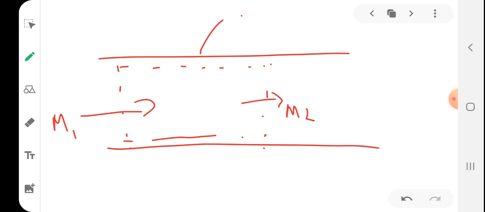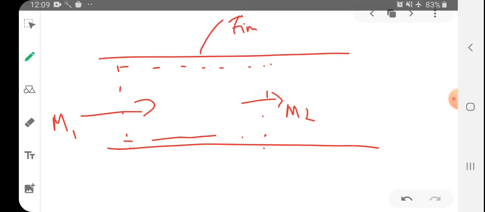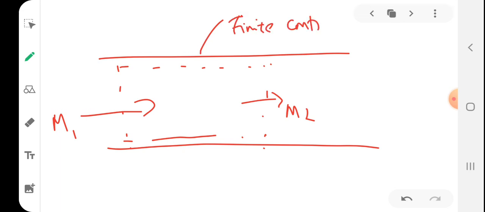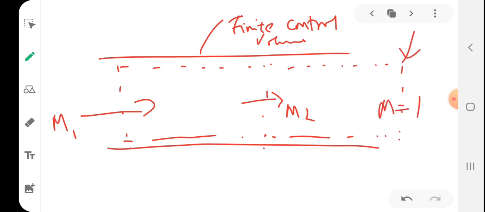So this is a finite control volume, and this is our duct. If I extend this control volume to a section where M becomes 1, it means thermal choking will occur. So that will be the critical section.